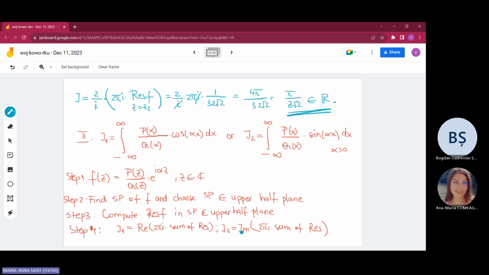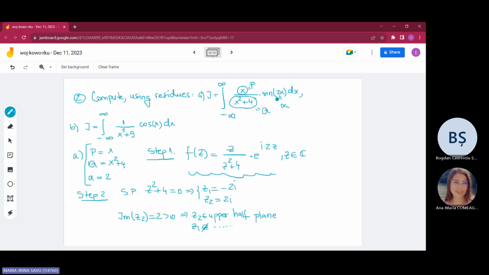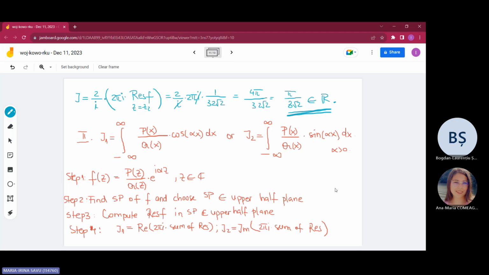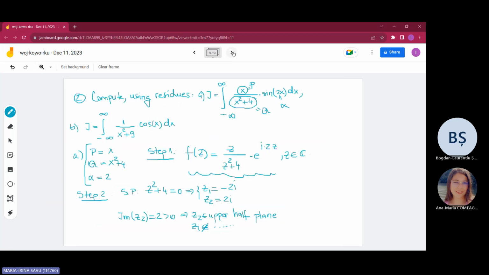You have to compute an integral with sine. So this will behave like Im from here. And Im is the imaginary part of 2 pi i times the sum of the residues.